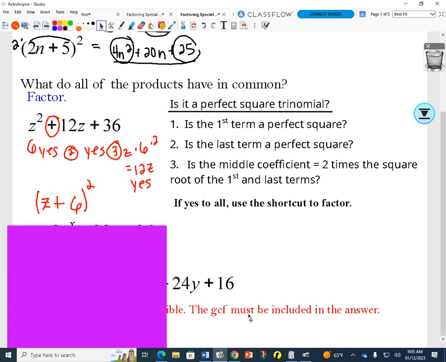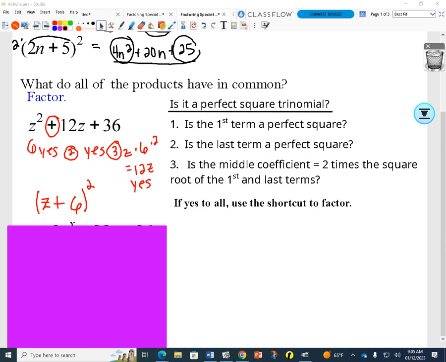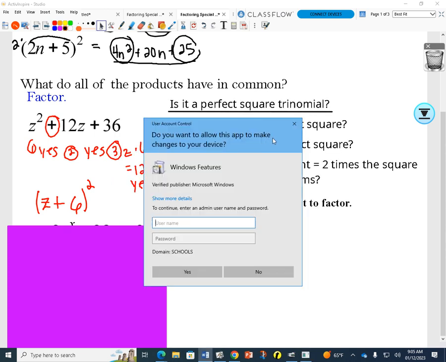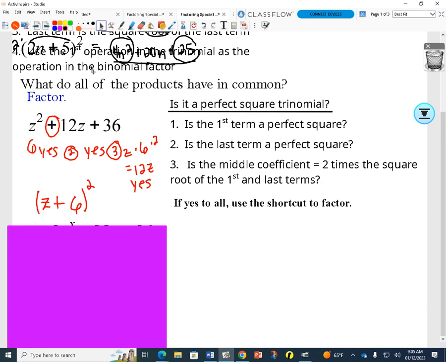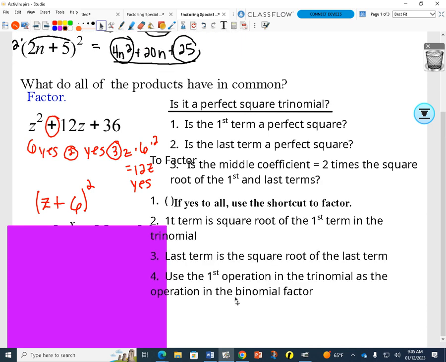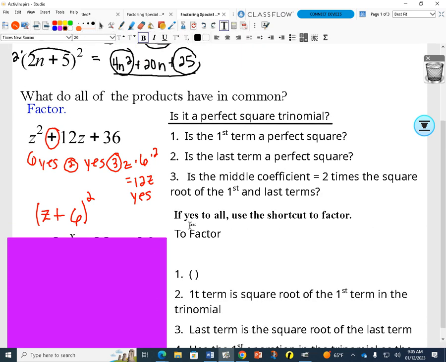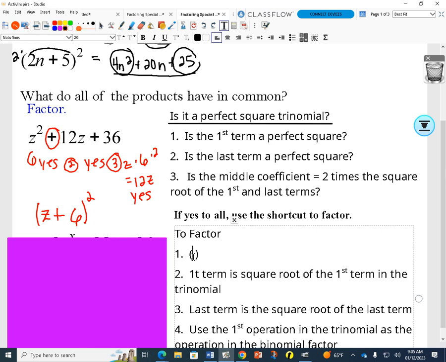All right, so I have steps for factoring. To factor, we're going to give ourselves the blank binomial, but it's got to be squared.